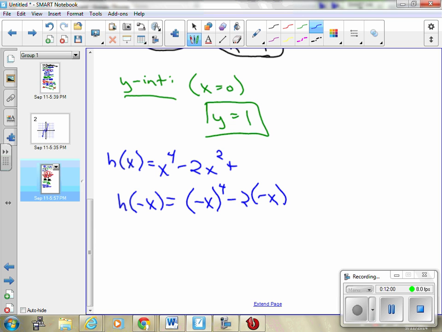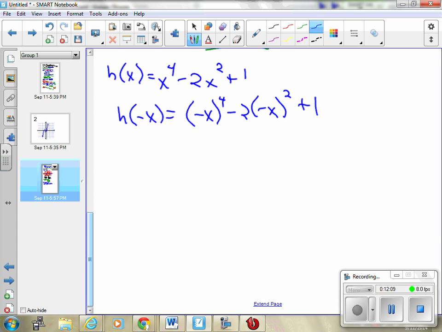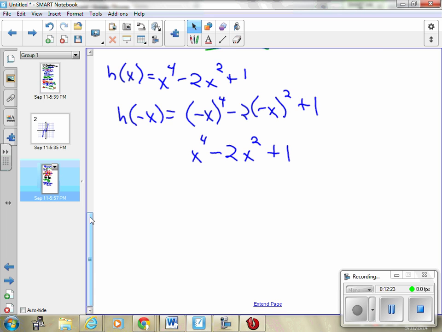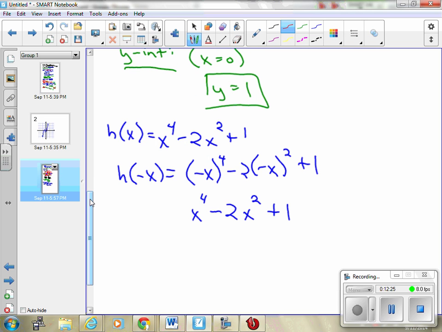So I'm going to put in parentheses negative x to the 4th power minus 2 times negative x squared. Oops, I forgot the plus 1 out there, didn't I? Yes, I did. And let's see how this thing compares. Negative x to the 4th is going to be the same as positive x to the 4th. The minus 2 times negative x squared is going to stay negative 2x squared, and then plus 1.